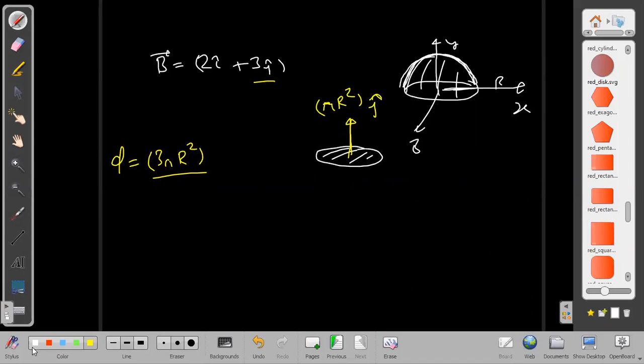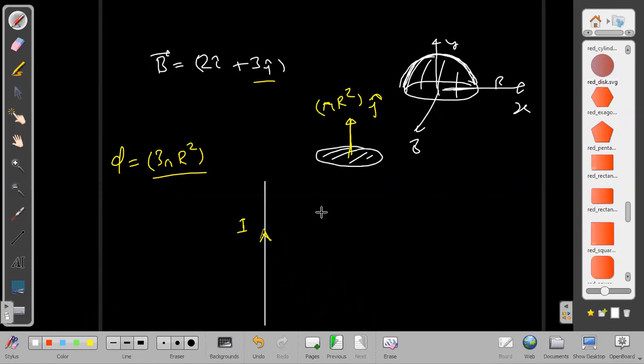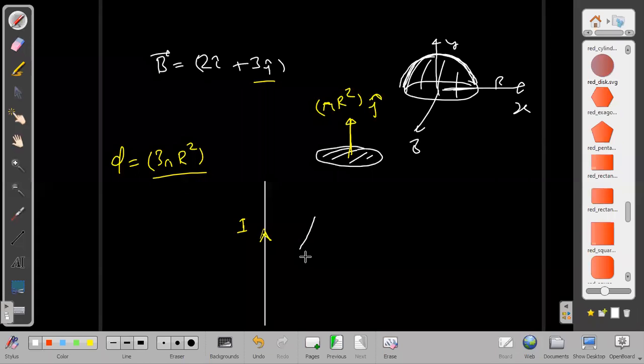Let us take a slightly more complicated case. If I have a vertical current carrying wire, which carries current I in the upward direction, what is the magnetic flux due to this through a square which is lying in the same plane?